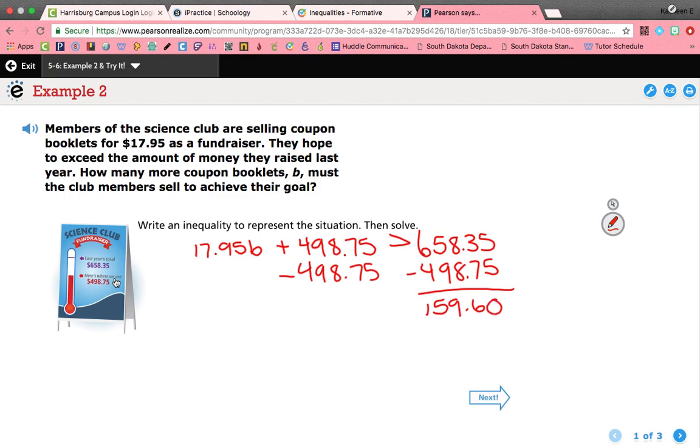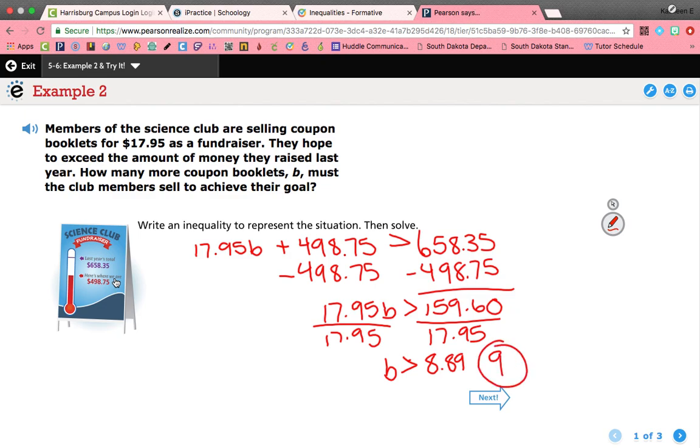And we're going to get $159.60. So if a booklet is $17.95 apiece, how many do they need to sell to get more than 159.60? So we're going to divide by 17.95, and we're going to get that the booklets they have to sell has to be greater than 8.89, or greater than 9.